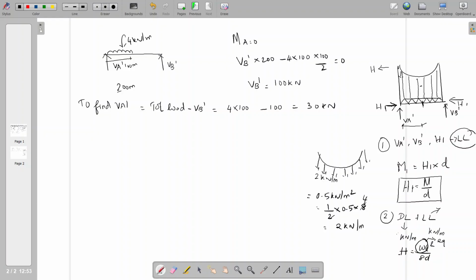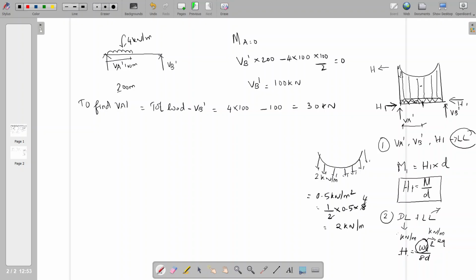But here, due to this live load, because the live load is acting only half of the span, we can't take it as a UDL throughout the span. So there are two chances. One, we can make it as an equivalent UDL, which is acting like this, or we can take it as actual loading.